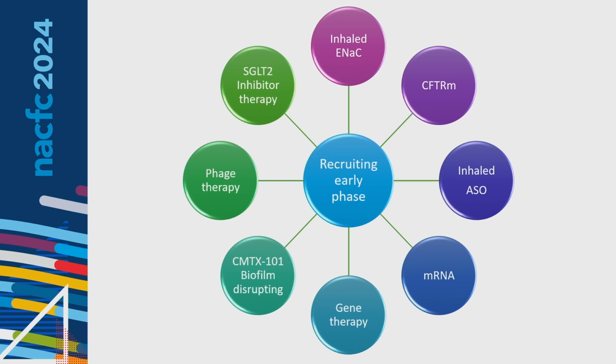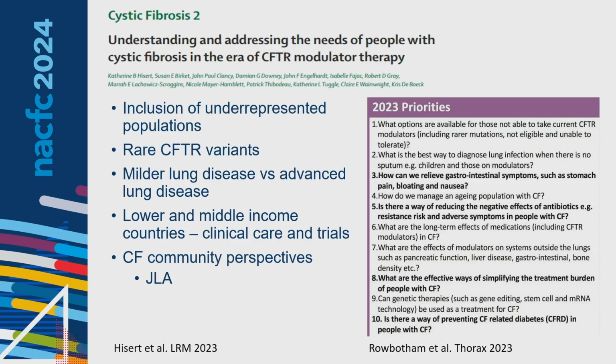The inhaled ASOs, mRNAs, and gene therapy were discussed at length in the plenary yesterday. There are multiple companies in this arena, all at the one time, and therefore there can be challenges, obviously, with patient cohorts and so forth, which is the importance of networks. But it's not just all about mRNAs and gene therapy. There are trials on biofilm disruptors, phage therapy, SGLT2 inhibitors, and so forth.